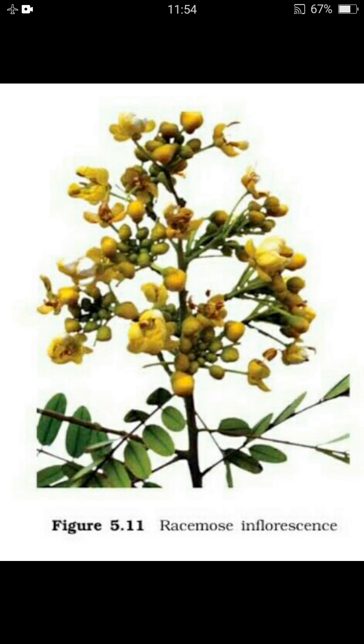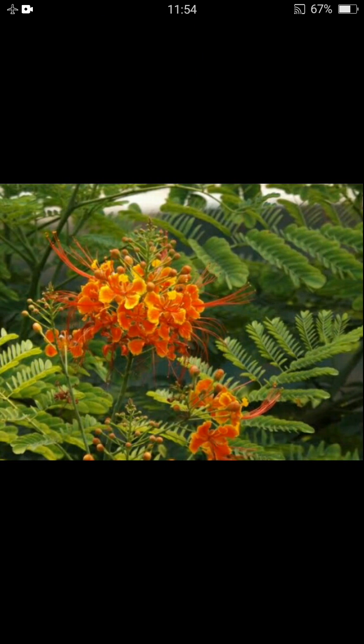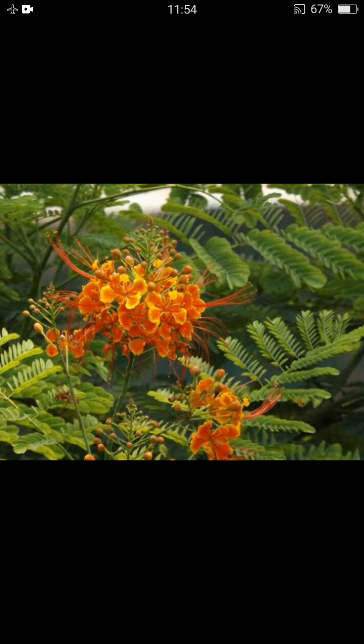Then acropetal succession. What is meant by acropetal succession? Please make a note. Acropetal succession means, as in the previous diagram, we have one observation in this diagram. See, all the new flowers, it means buds and everything, new flowers are present at the top region, apex region, and the older flowers are present at the base region or bottom region.